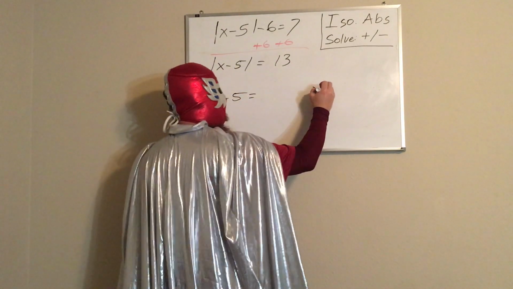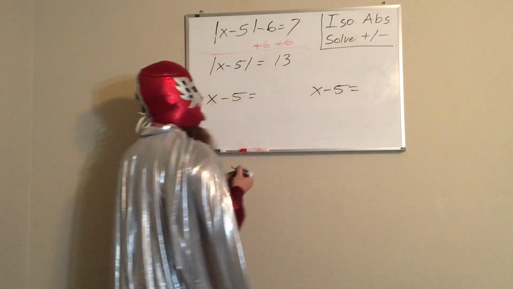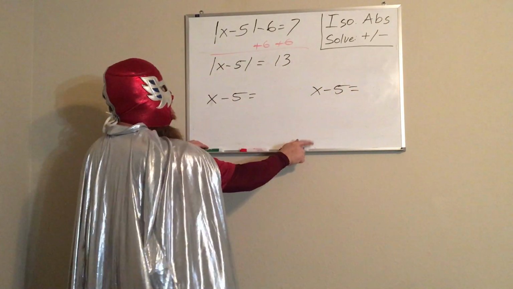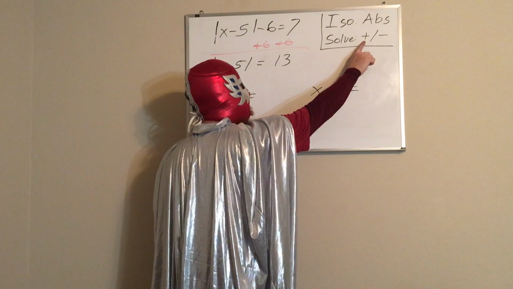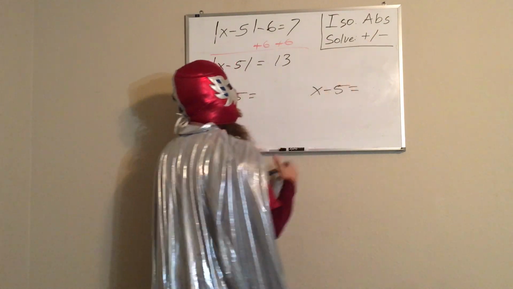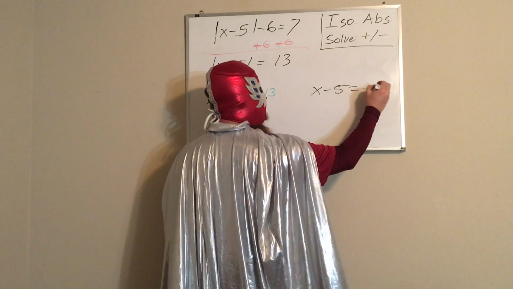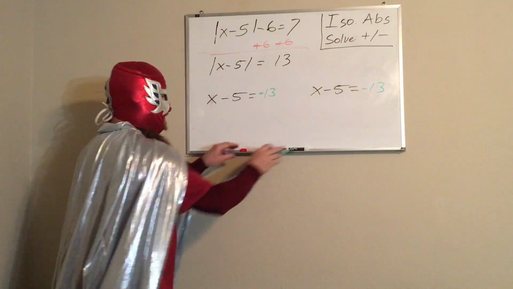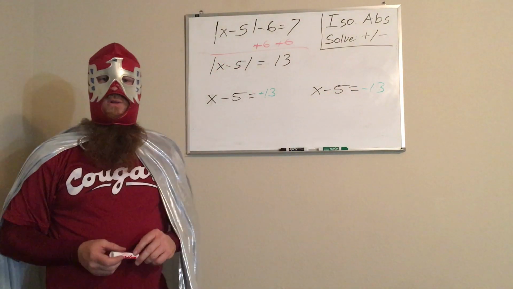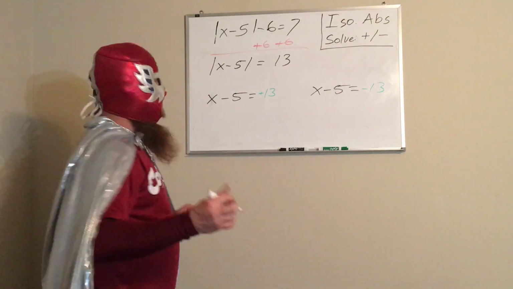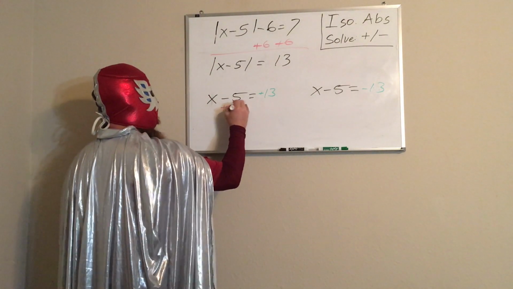x minus 5 equals, x minus 5 equals, and we're going to set it equal to a positive 13 and a negative 13. So there it is, positive 13 and negative 13. And now we use inverse operations to isolate the variable.